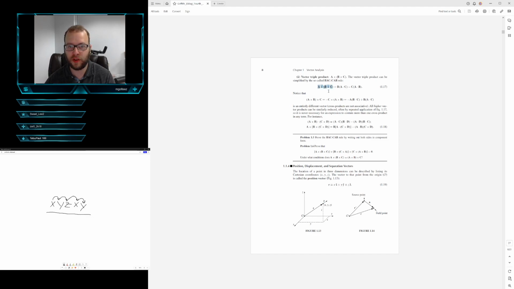You can see that A cross B cross C, if you write out all of your components, so you're going to have 9 total components, AX, AY, AZ, BX, BY, BZ, CX, CY, CZ, and you cross them all together, you will get B times the quantity of A dot C minus C times the quantity of A dot B. BAC minus CAB, the back cab rule.